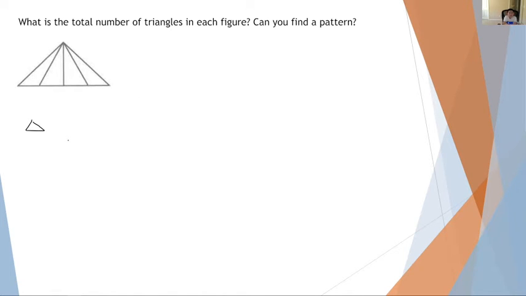So what you do is you just use the previous amount plus the amount of smaller triangles. So this one would be 10. Yes, this one would be 10. You have hacked the system.